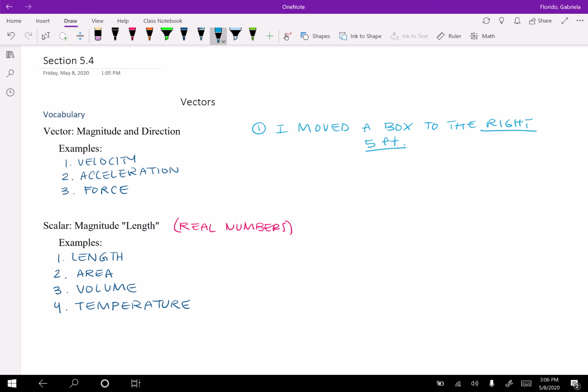An example here would be I moved a box 5 feet. Again, it's just the length of having moved this box, but it doesn't say anything about the direction of where you move it. There's only magnitude, only length here, there's no direction.